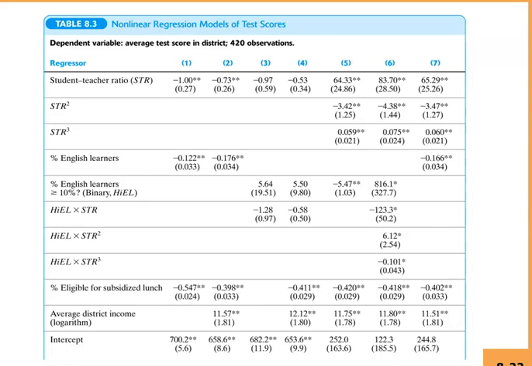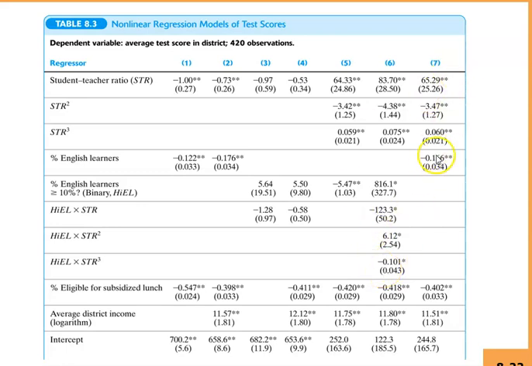And that actually turns out to be true because these interaction effects are significant at the 5% level of significance. All three of these are essentially significant at the 5% level of significance. So this essentially is our most complete specification, where we allow for non-linearities as well as allow for interaction between the student-teacher ratio and high EL.